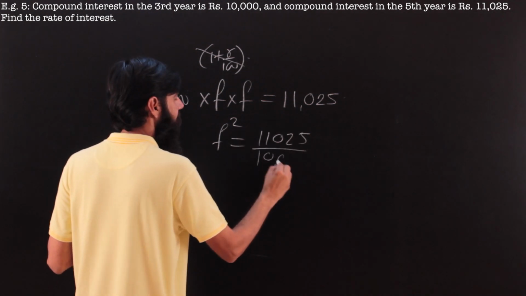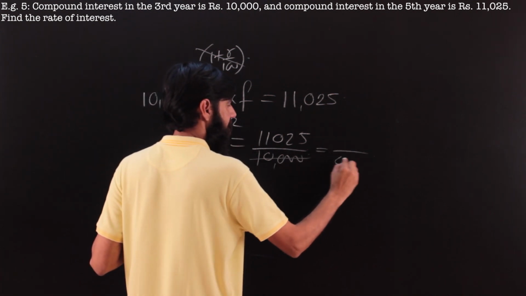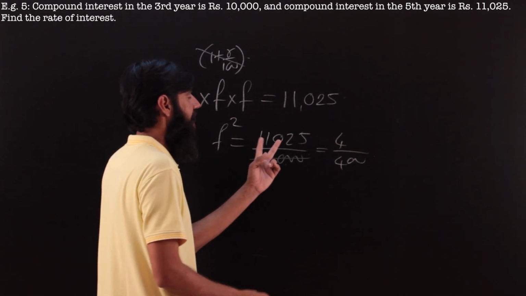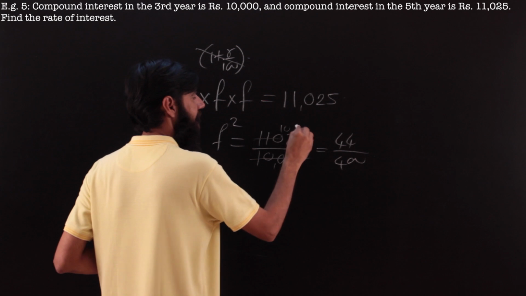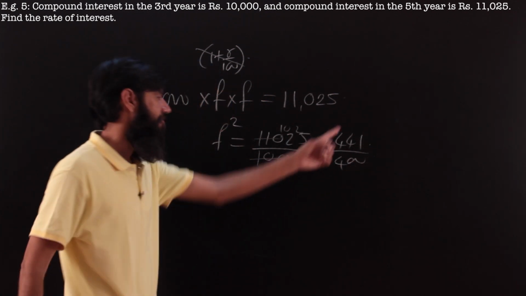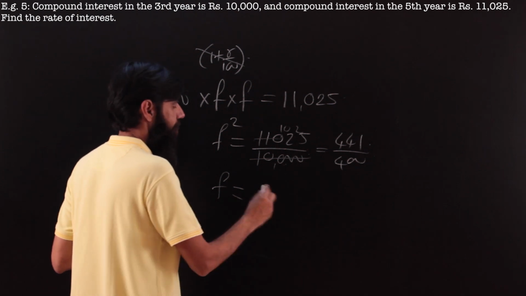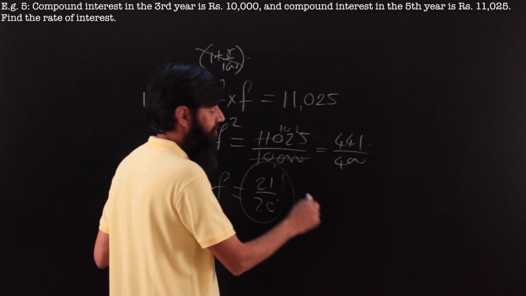Needless to say, 25 looks like a prime common factor, so I'm just doing it. 25 will cancel this with a 400. 25 fours are 100. Will leave out 10. 25 fours are again 100. 25 ones are 25, and 441 as well as 400 both are squares, so taking the square root, which is 21 by 20. So the multiplying factor is 21 by 20.